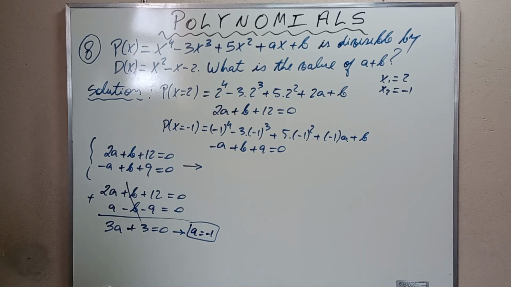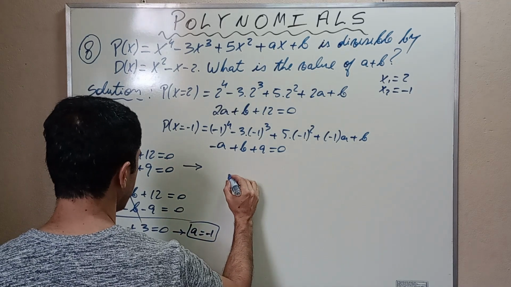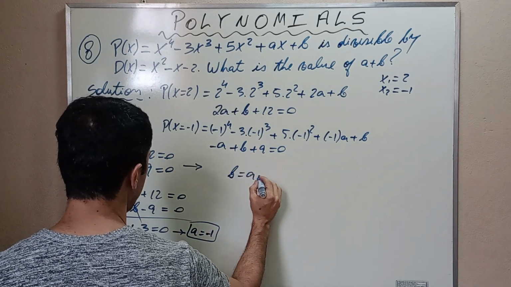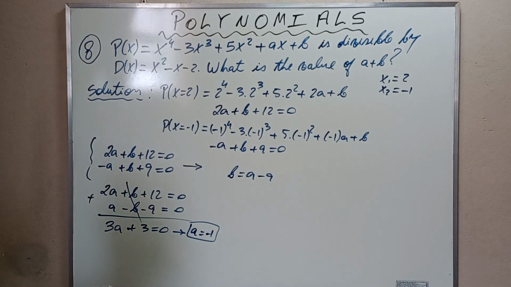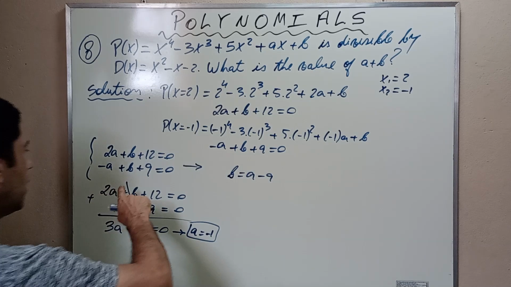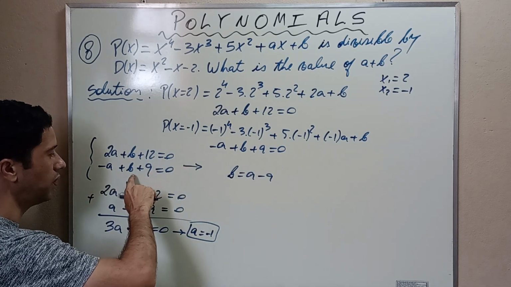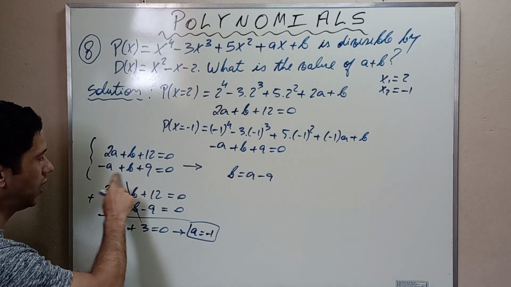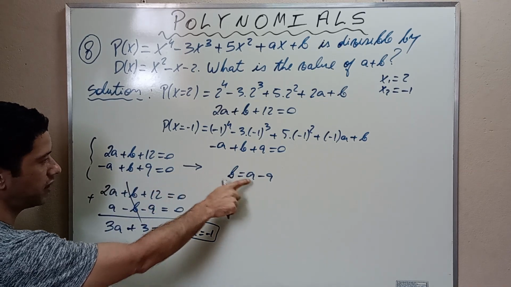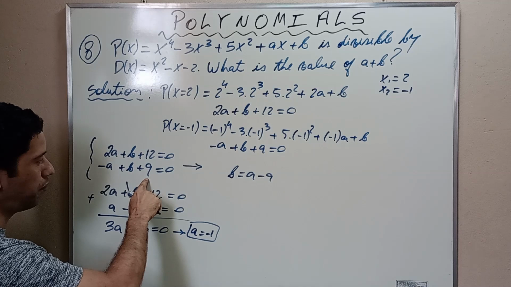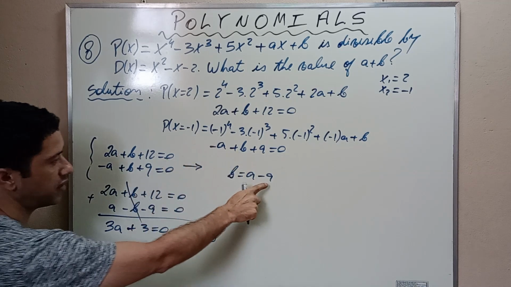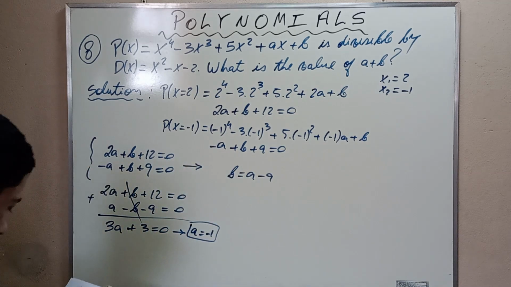Now I can use any equation to find the value of b. From this, I find that b is equal to a minus 9. I pass this b to this side, now I keep b here, I pass -8 to the other side. It becomes positive a. I pass positive 9 to the other side, it becomes -9.